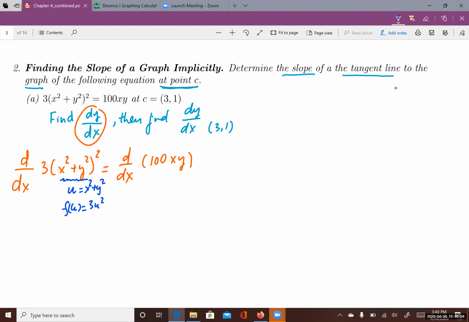Then the differentiation here will be equal to f prime of u, which, if you use the power rule, is 6u, multiplied by the derivative of u, which is x squared plus y squared, using the chain rule.